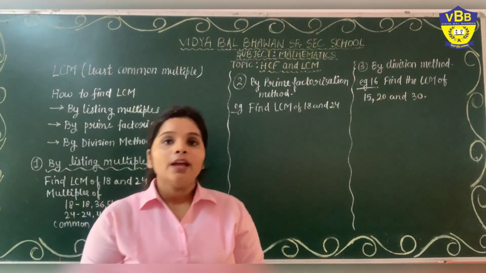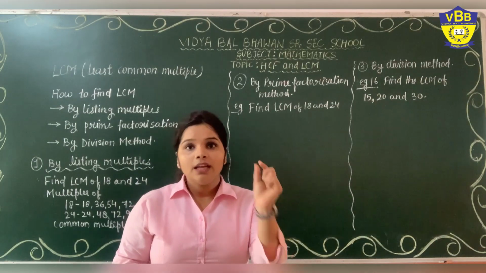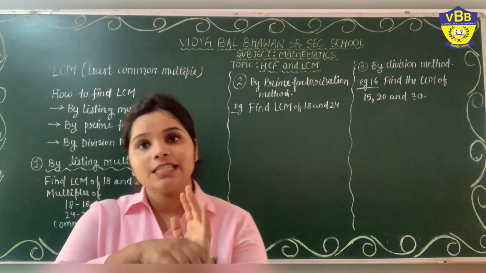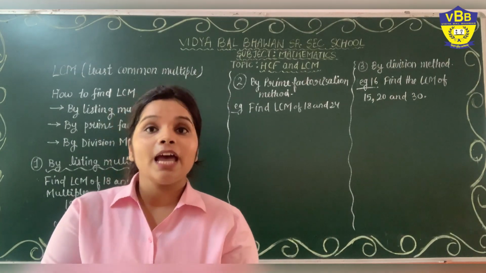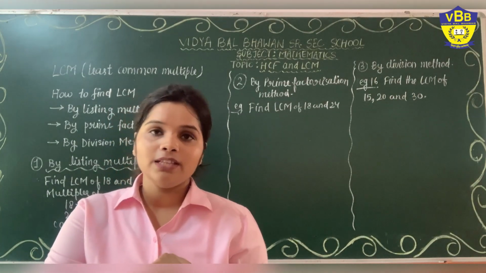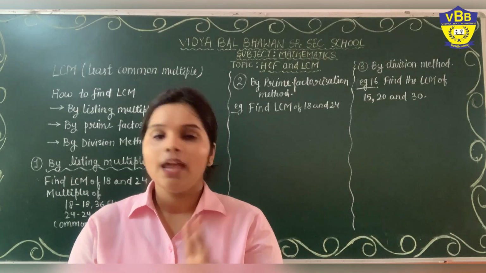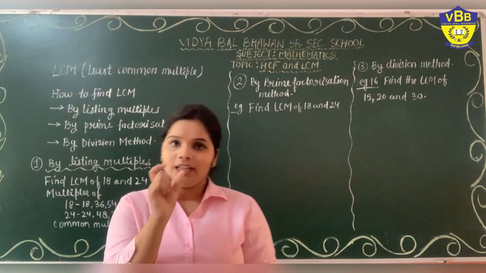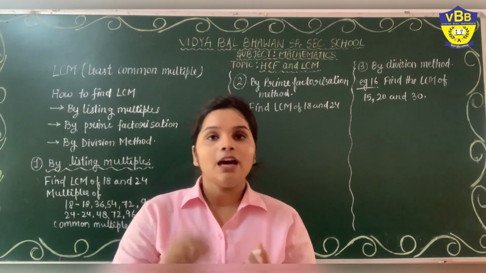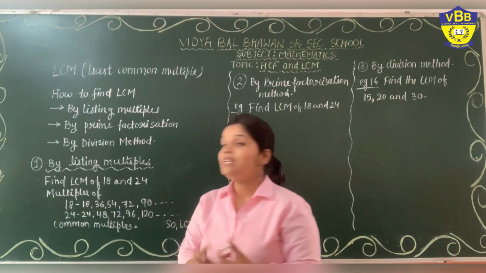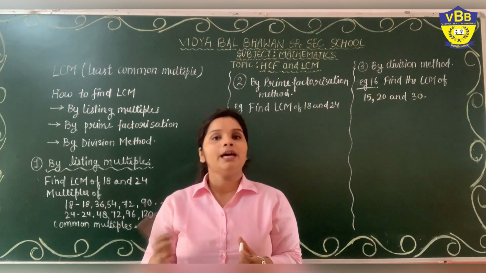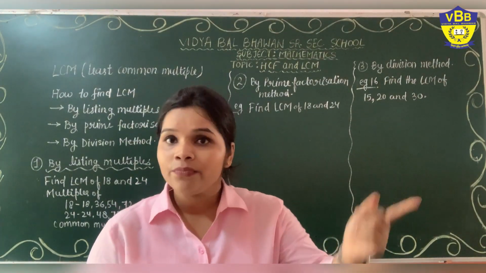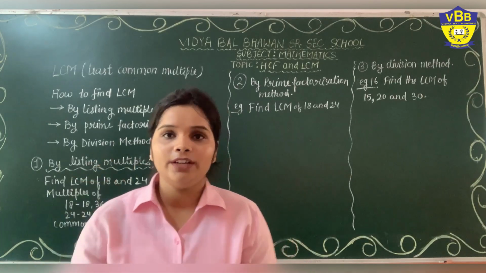The HCF is a number which is the greatest exact divisor of both the numbers. And the LCM is a number which will be exactly divided by the given numbers. HCF is the divisor and LCM is the dividend.